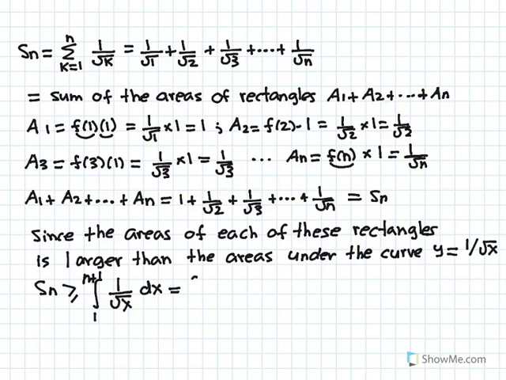This is equal to the integral from 1 to n plus 1, reverse the power rule. Let's rewrite 1 over root x as x to the negative 1/2, and reverse the power rule. Add 1 to the exponent, divide by the same. So we get x to the negative 1/2 plus 1, x to the 1/2, divided by 1/2, that's the same as multiplying by 2, evaluated from 1 to n plus 1.